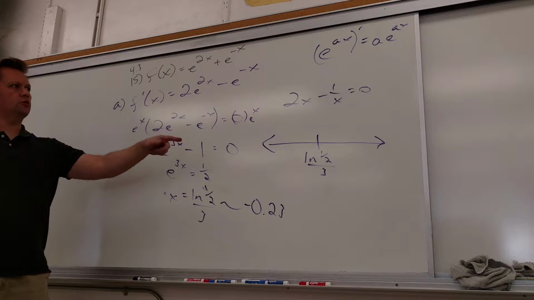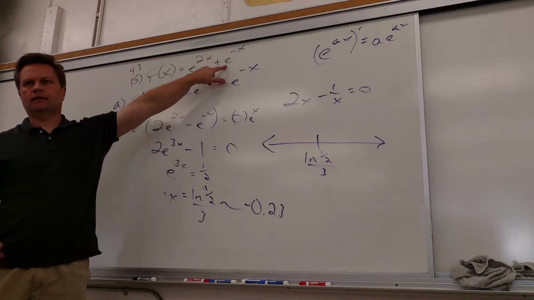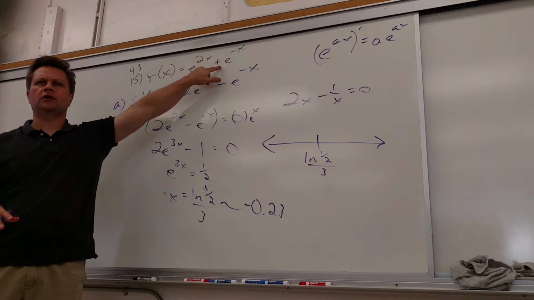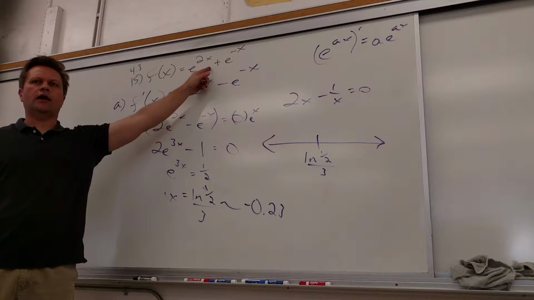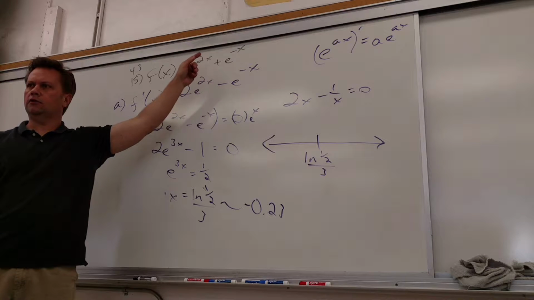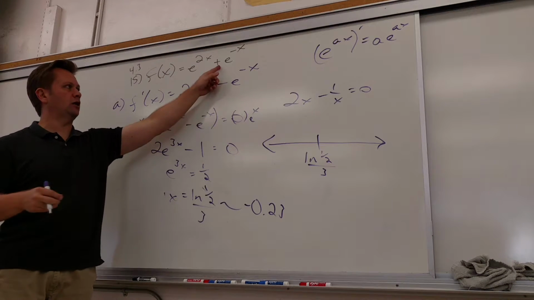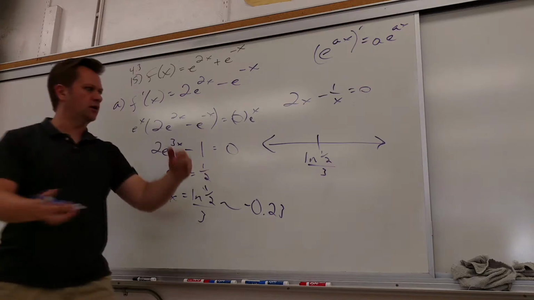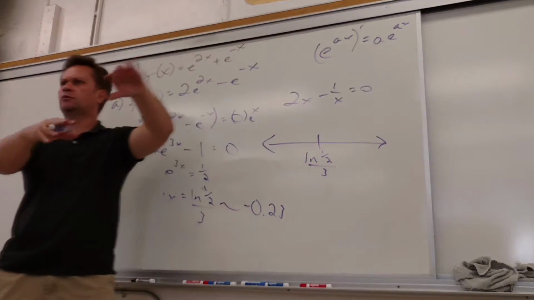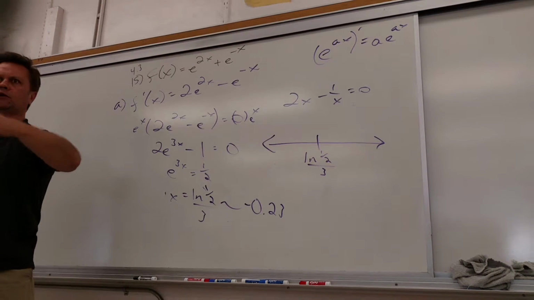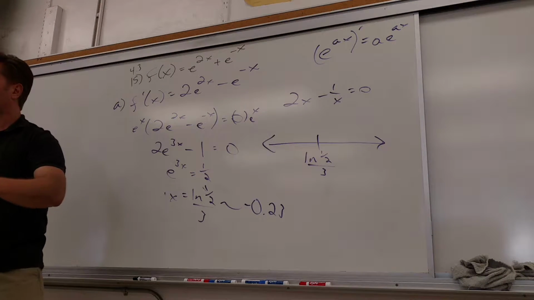Polynomials, exponentials, their domain is everything, but this is why I asked what the domain is. If the domain was negative infinity up to 1, you wouldn't think about anything past 1. It's controlling what you have to worry about when you're investigating the derivatives.